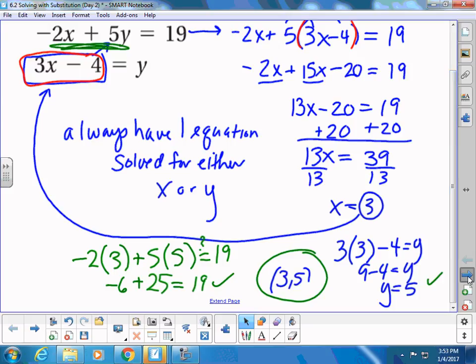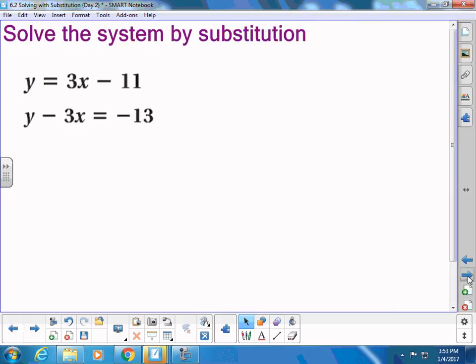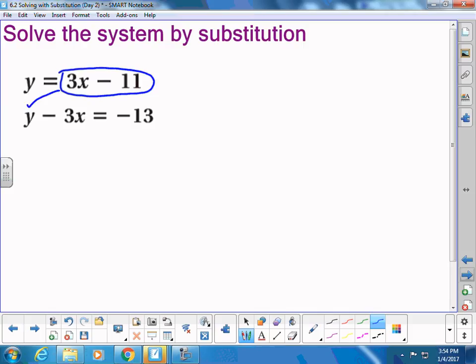So next up, again, solve by substitution. It's set up again beautifully where y is 3x minus 11. So wherever there's a y, I can replace it with a 3x minus 11. That's in this equation.